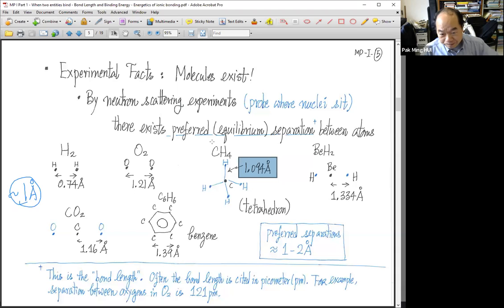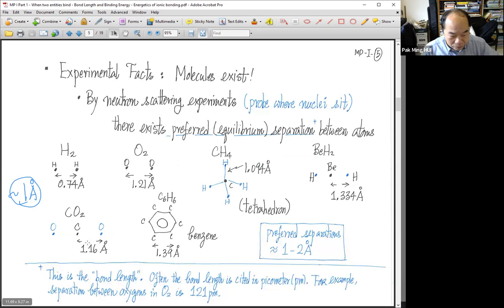Again, 1 angstrom. This is beryllium hydride, BeH2, your midterm question, right? So it is a linear molecule. The beryllium is in the middle, 2 hydrogens at 2 sides. The equilibrium separation is 1.33 angstrom. So again, 1 angstrom, all right?